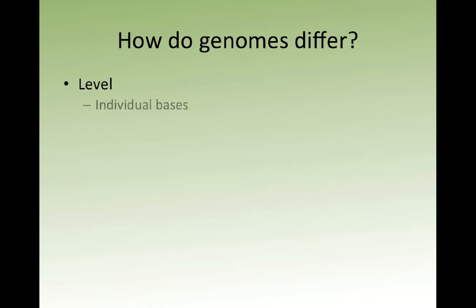So there are basically four ways that we would look at a genome and how it differs. One, we could look at individual bases. Two, we could look at the genes that differ between genomes. Three, we could look at blocks of DNA, large sections of DNA, and ask how these differ. And four, we could look at the whole genome, look at everything all together, and ask how these things differ.